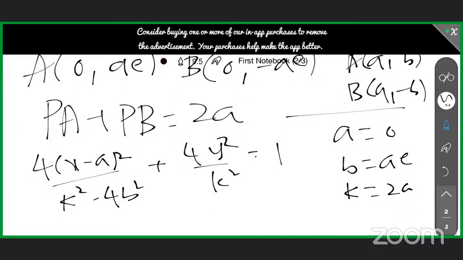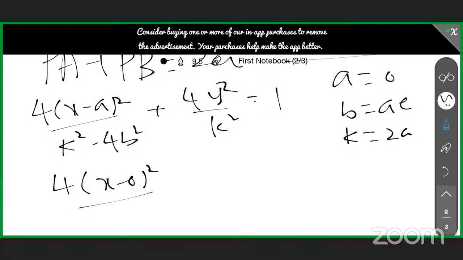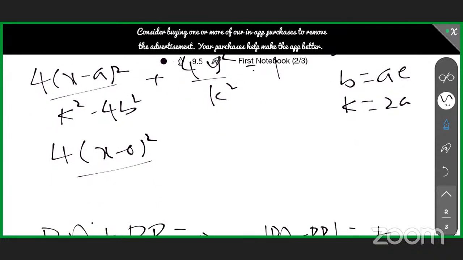So substitute everything in the equation now. 4 into (x minus 0) whole square by k square, which is (2a) square, minus 4a square e square, plus 4y square by k square, which is 4a square.